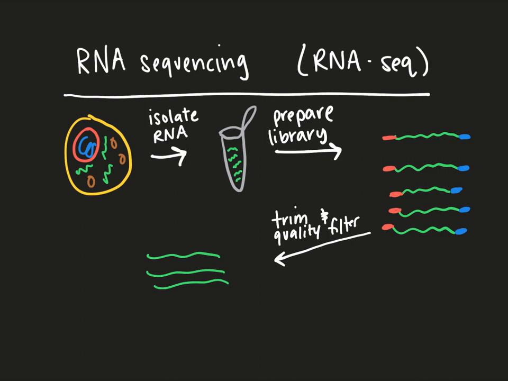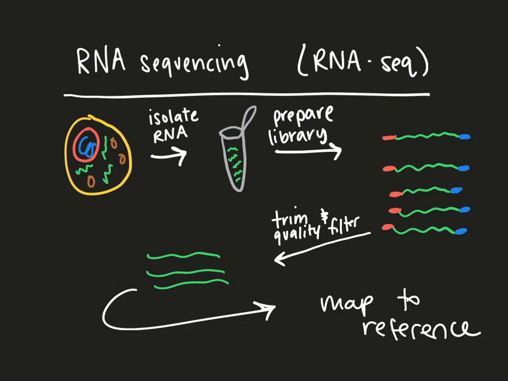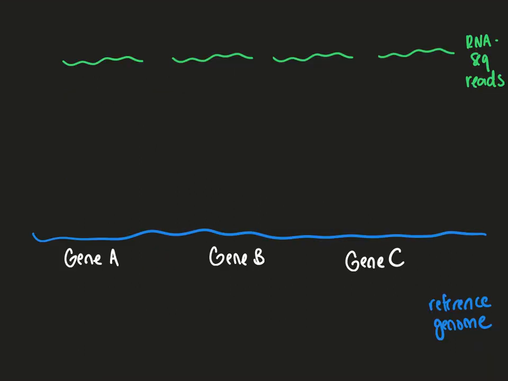Sometimes they're just not sure about a particular base, or sometimes even an entire read is just kind of crappy. So this is the step where you would get rid of these. So now you have all of your RNAs that have been trimmed of adapter sequences or any other intervening sequences and are only the highest quality. And the next step will be to map to your reference.